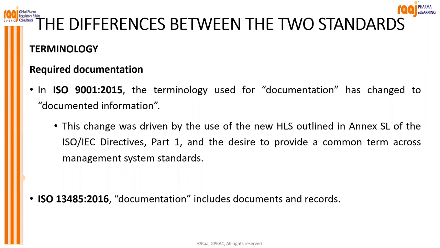They use the term documented information, whereas in ISO 13485 they use documentation, which includes documents and records. So here you can see the documents and records have increased tremendously because of the quality, safety, and efficacy parameters as per the applicable regulatory requirements.